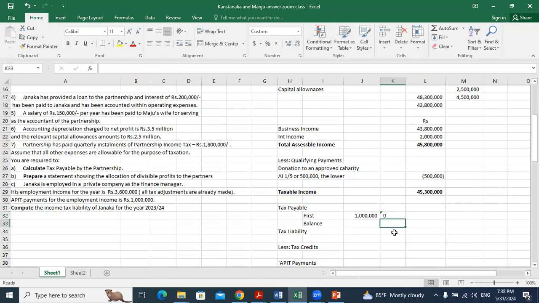For the balance, that is 6%. So this is 0 tax liability for the first 1 million.